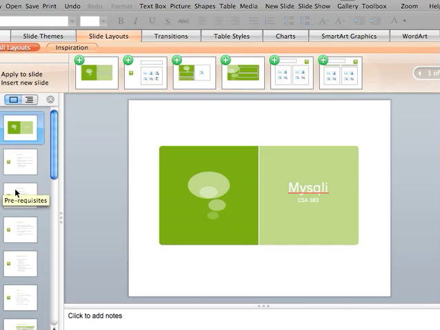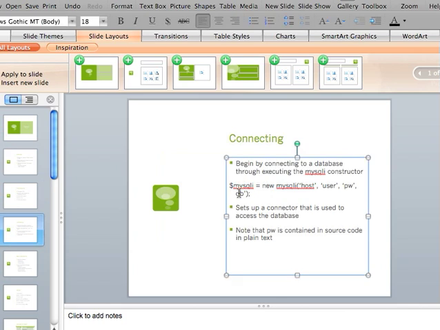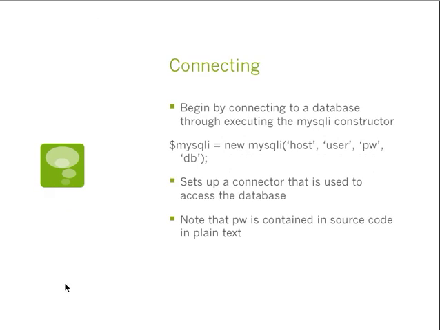I see that there's a small syntax error here, so I should fix that. There should be a quotation mark there. Okay, so what this constructor does is set up a connector that is used to access the database, and you will make query calls against this object.